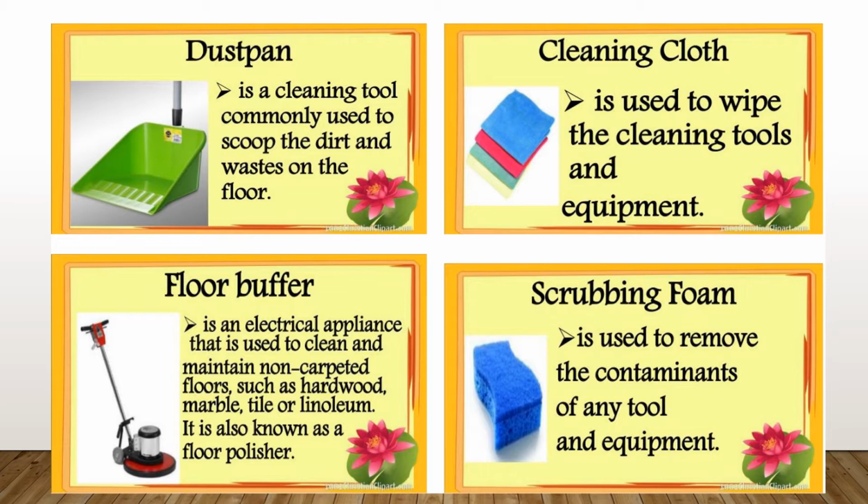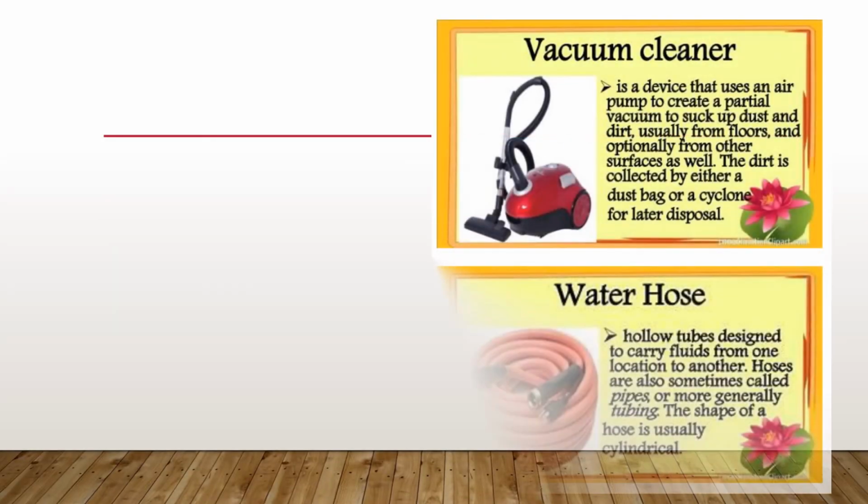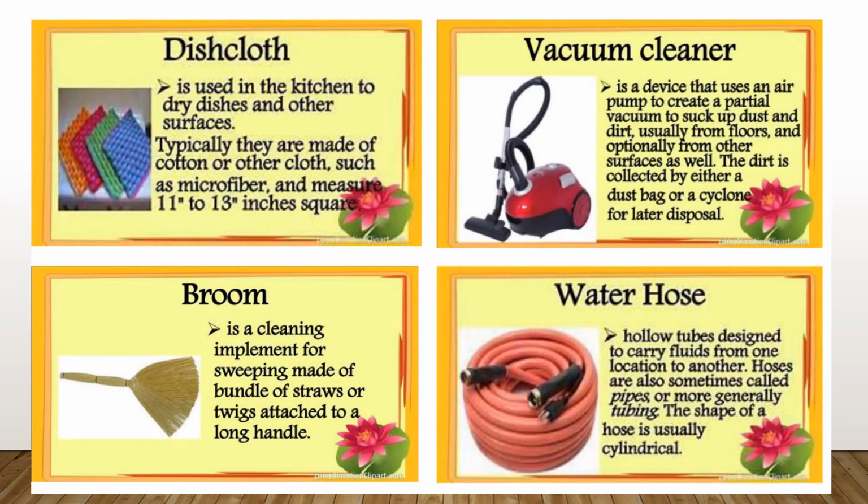Scrubbing foam is used to remove the contaminants of any tool and equipment. Dishcloth is used in the kitchen to dry dishes and other surfaces. Typically, they are made of cotton or other cloth, such as microfiber, and measure 11 inches to 13 inches square.